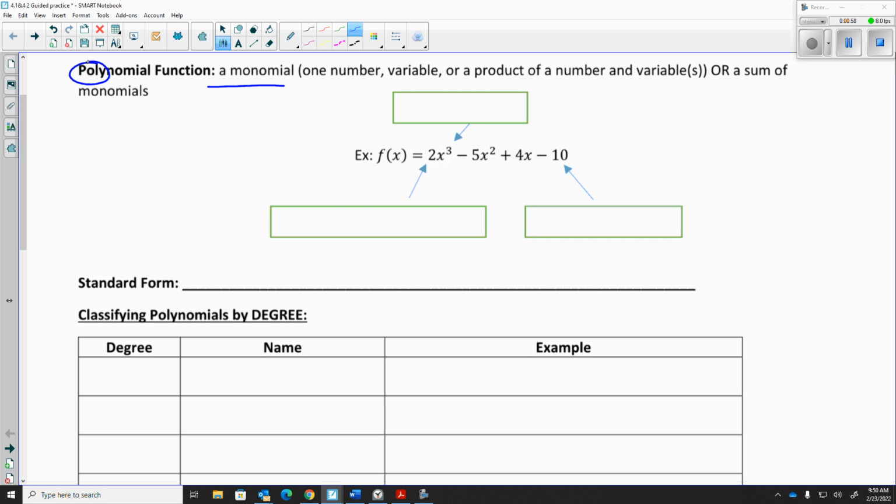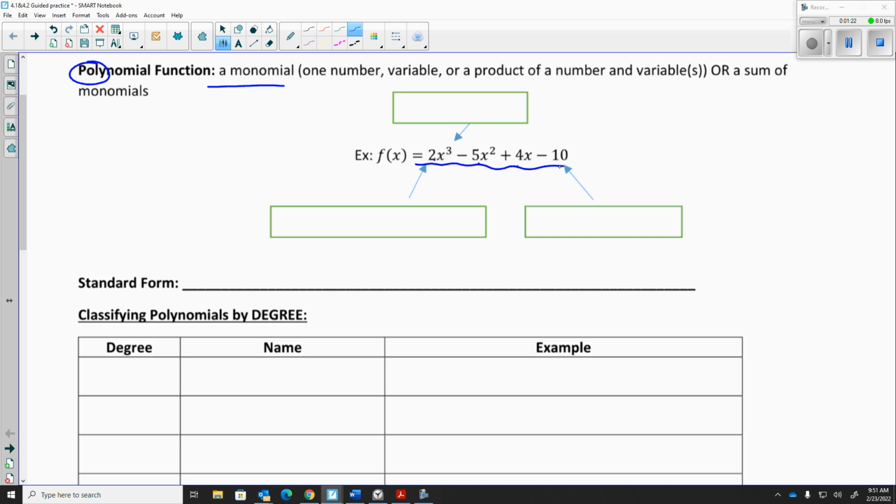So a polynomial is multiple things. That's all it is. Okay. So this is a polynomial because it's multiple things. Each one of these things is called a term. So this polynomial has 4 terms.